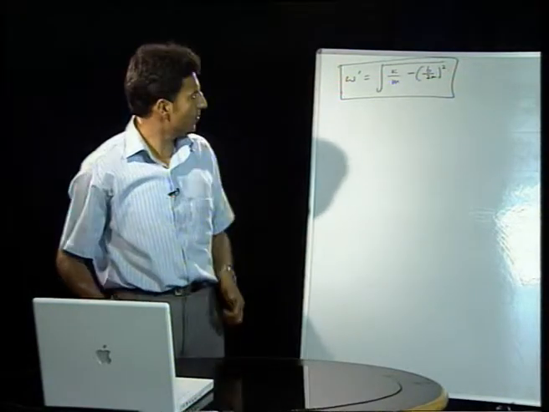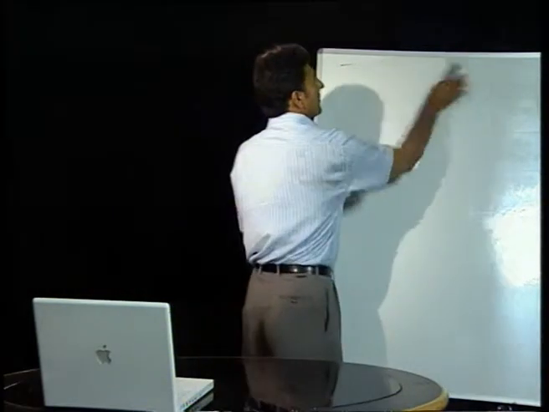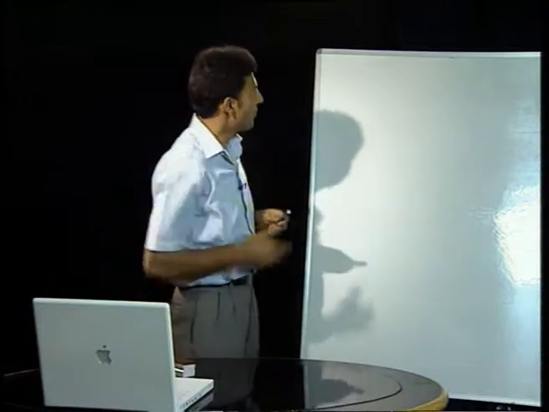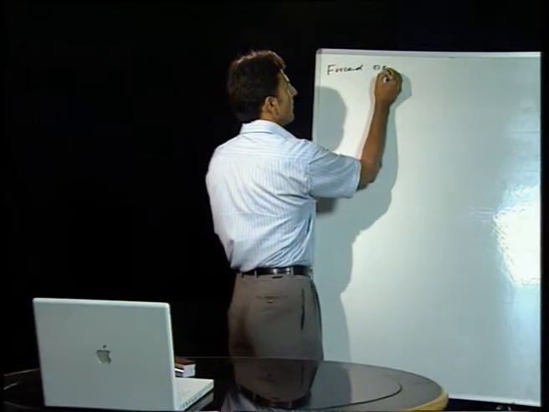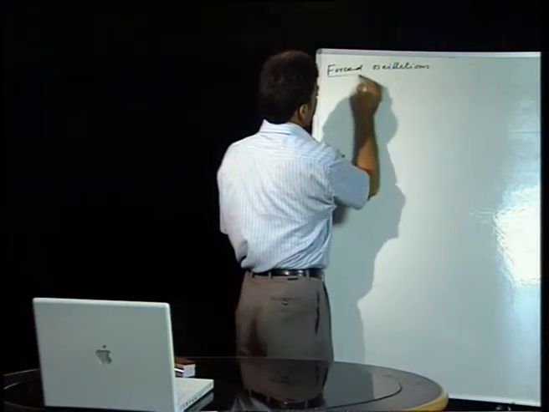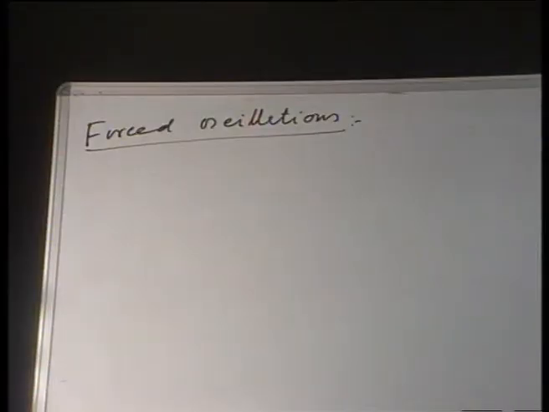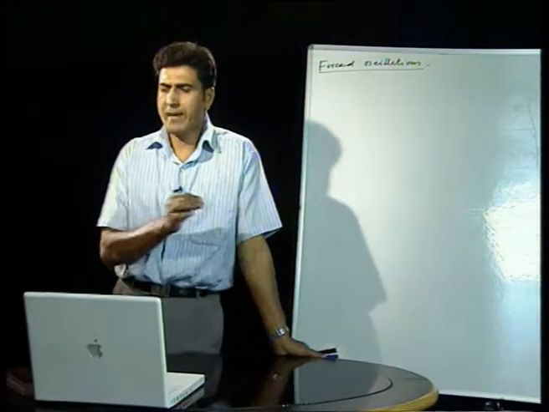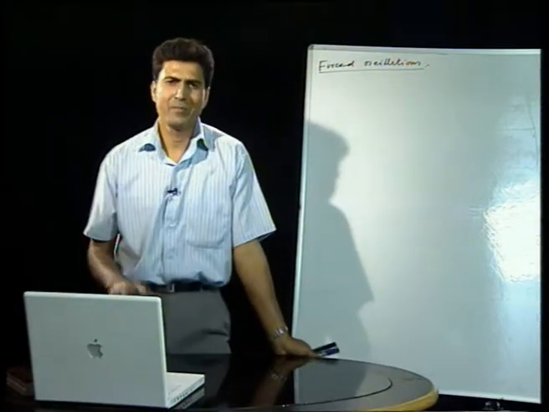Now let us go to the last point, forced oscillations. In case of damped oscillations, we know when the particle oscillates back and forth, finally it has to damp down because there is a surrounding medium.